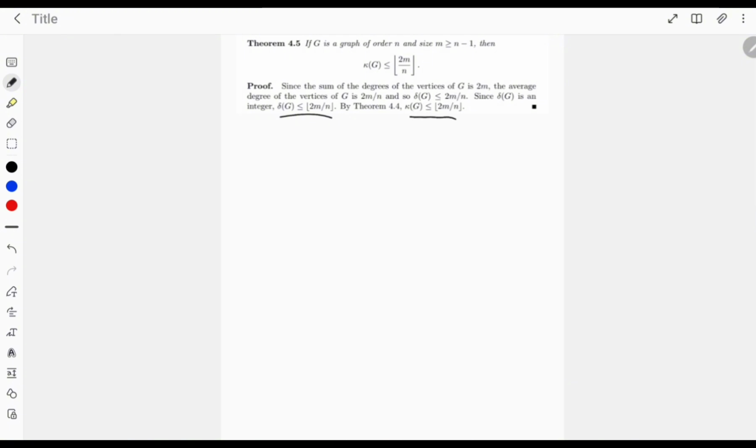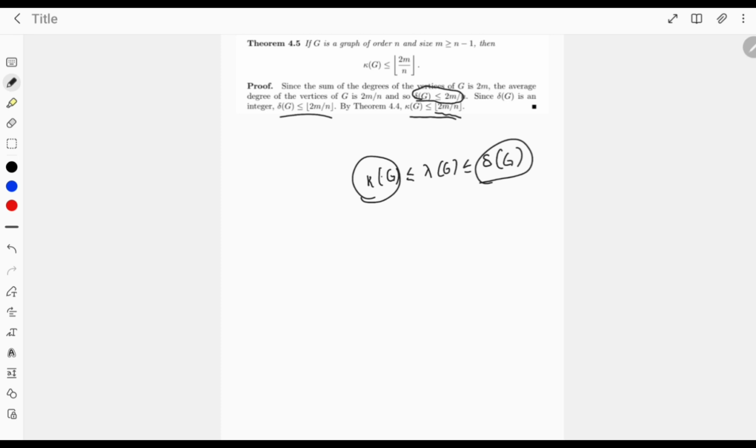So kappa of G is less than or equal to lambda of G, because we have theorem 4.4, which was already proven, and since kappa of G holds to this, of course it will hold to this one.